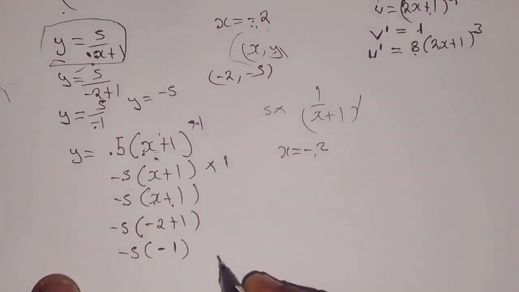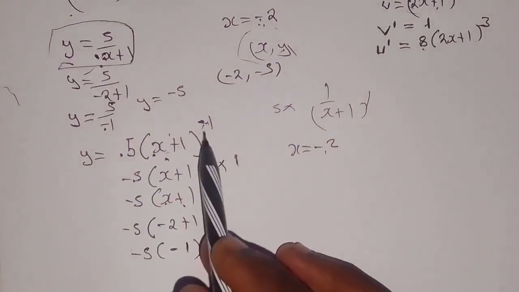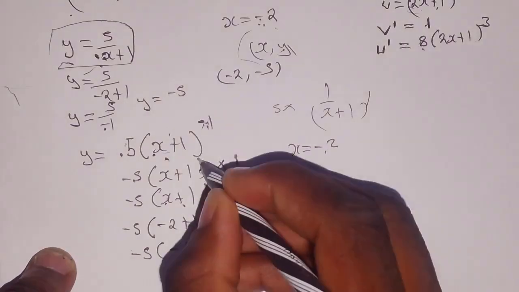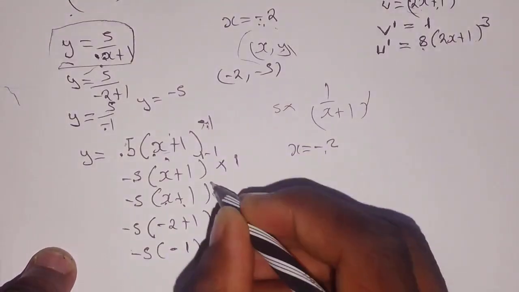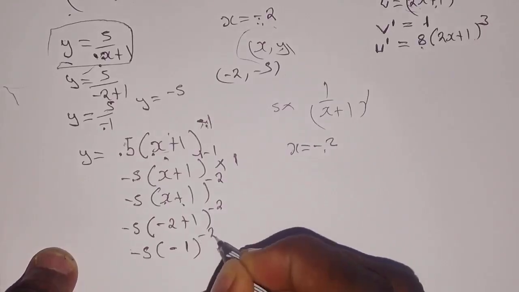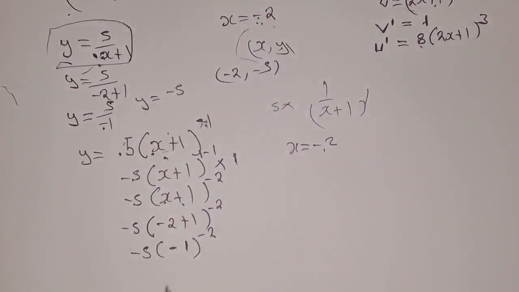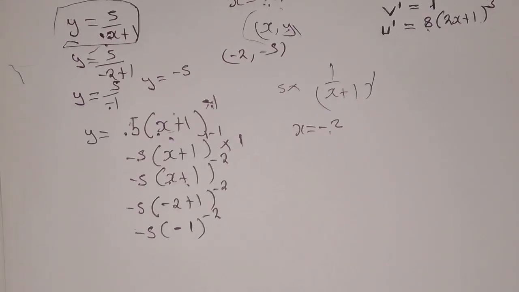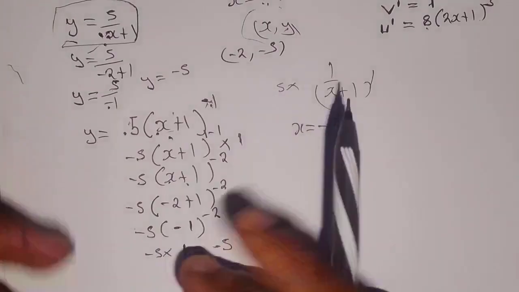When you differentiate, the power is subtracted by 1, so we're going to have 1 minus 1 which gives us negative 2. So negative 1 to the power negative 2 will give us 1. So we're going to have negative 5 times 1, and this will give us negative 5. So our gradient is negative 5, but remember we're finding the equation of the normal.